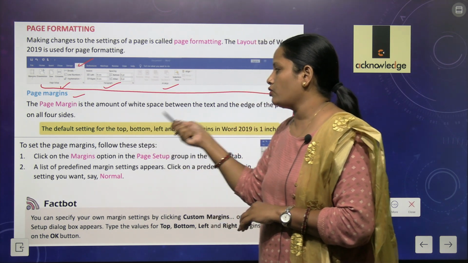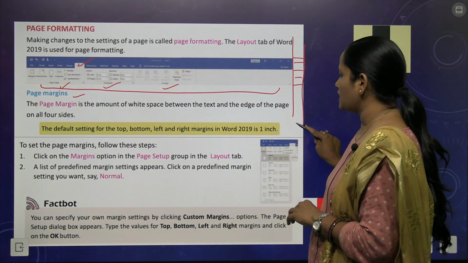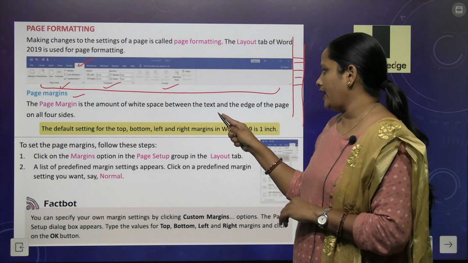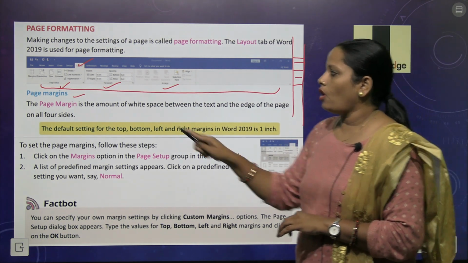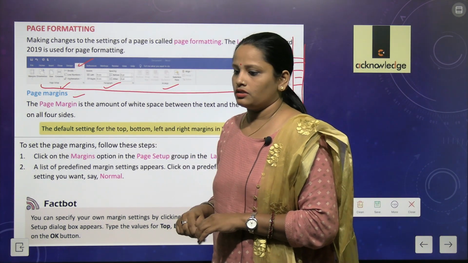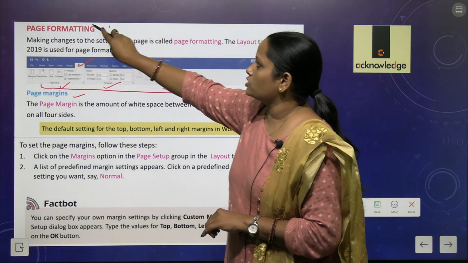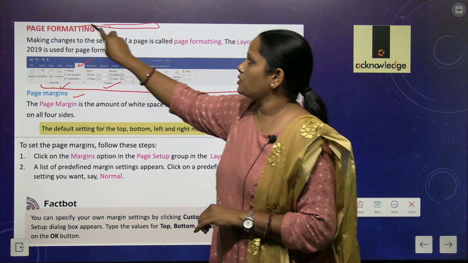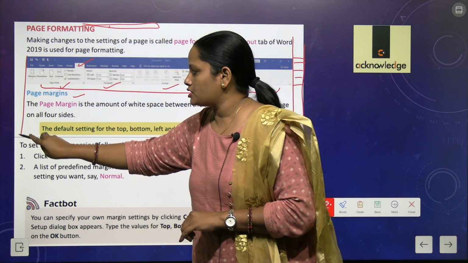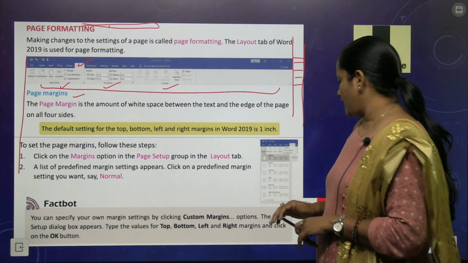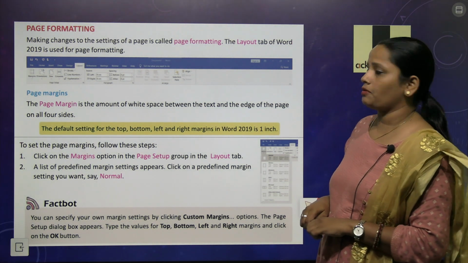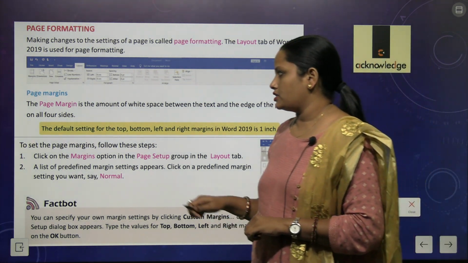Page margin is the white space left between the text and the edge of the page on all four sides. You can see this side also has this much space left, and on this side this much space is left. This is what tells us about the page margin.